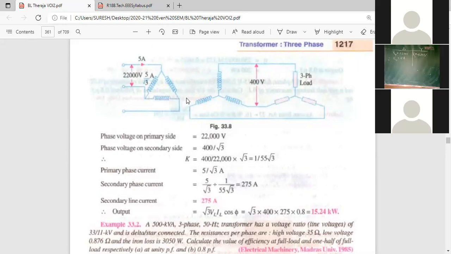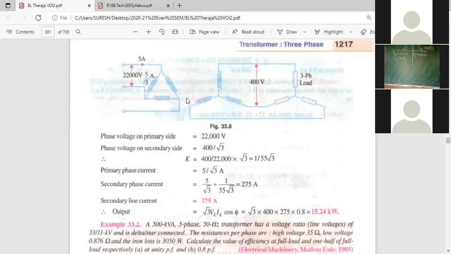Now see the diagram. Your primary side is delta connection. What is your secondary side? Star connection.